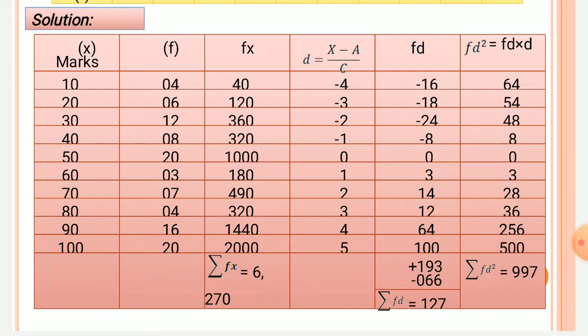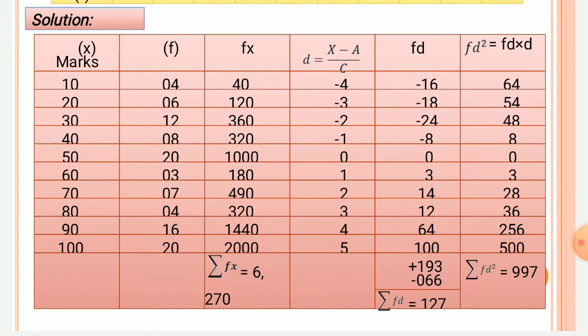And then fd, f into d: 4 into minus 4 is minus 16, 6 into minus 3 is minus 18, 12 into minus 2 is minus 24, 8 into minus 1 is minus 8, 20 into 0 is 0, 3 into 1 is 3, 7 into 2 is 14.